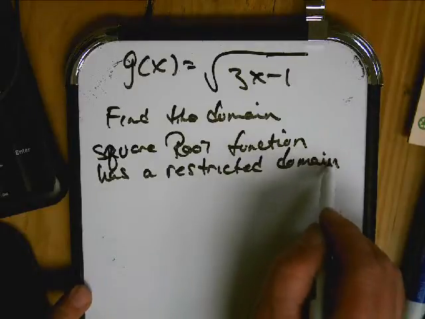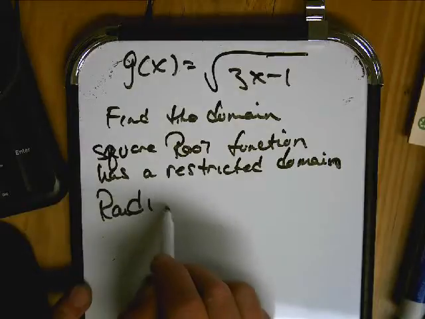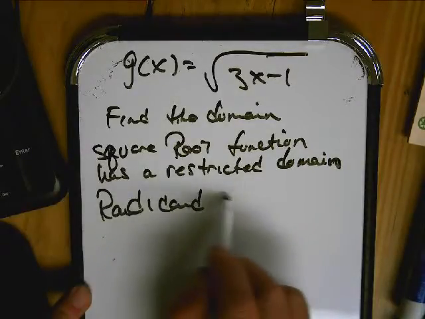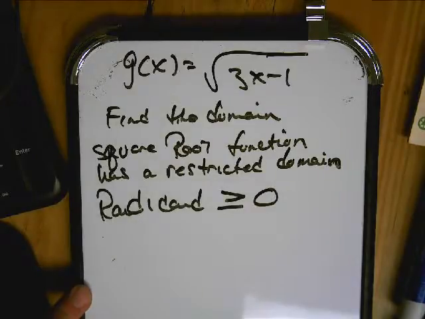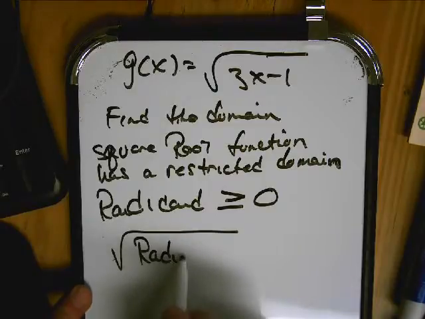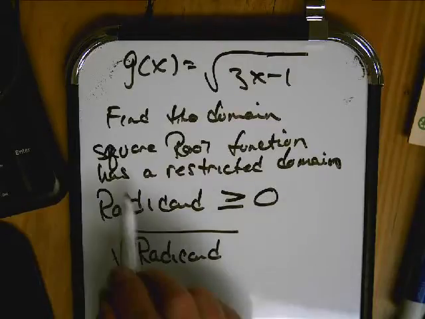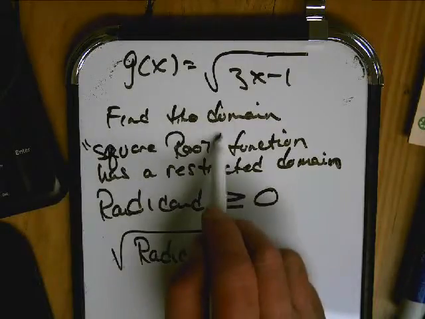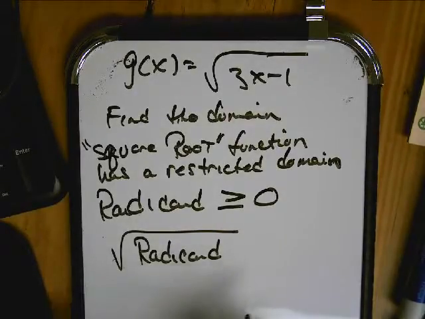And here's what we said. The radicand has to always be greater than or equal to 0. And the radicand is always underneath the radical. So if I'm talking about a square root, that radicand always has to be larger or equal to 0.